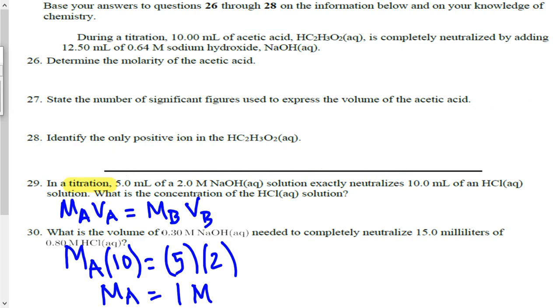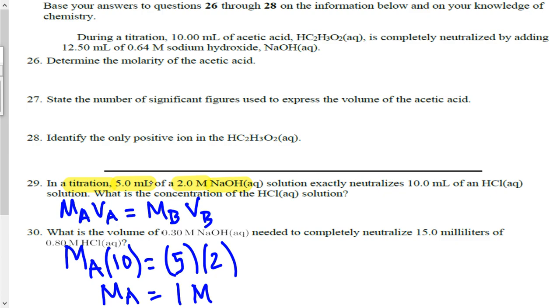For question number 29, the moment you see the word titration, you need to write down the formula MAVA equals MBVB. Then you have to look for what is given. Here we were given sodium hydroxide. I know it's a base based on reference table L. The concentration, meaning MB, is 2. The volume is 5, meaning VB is 5.